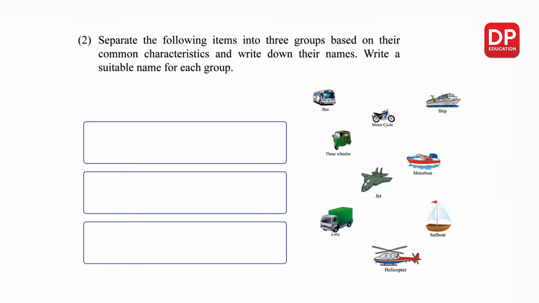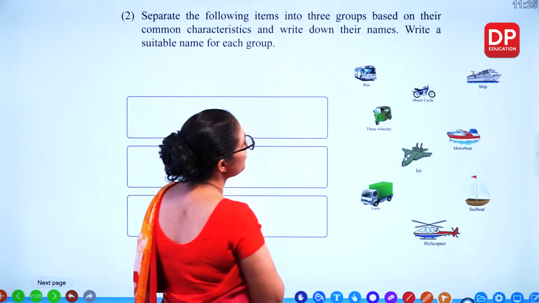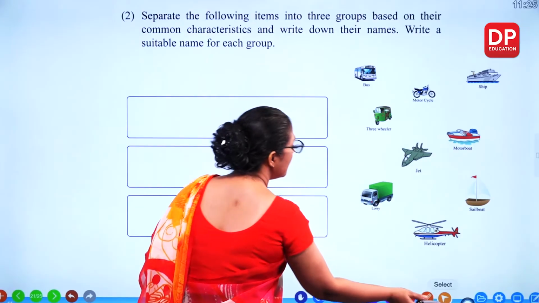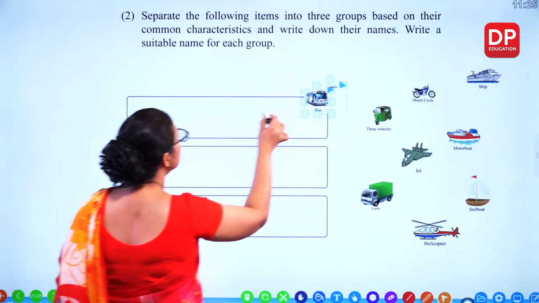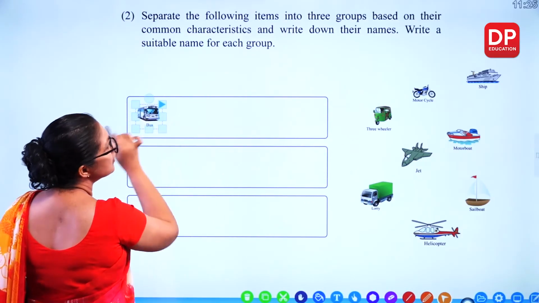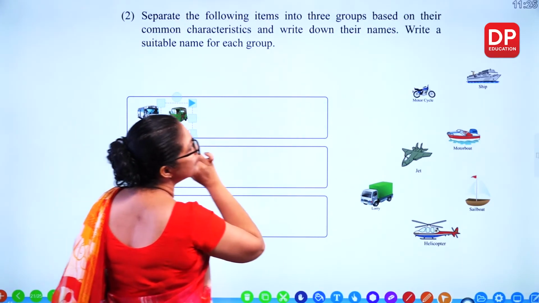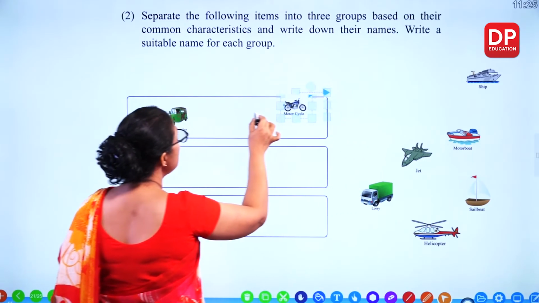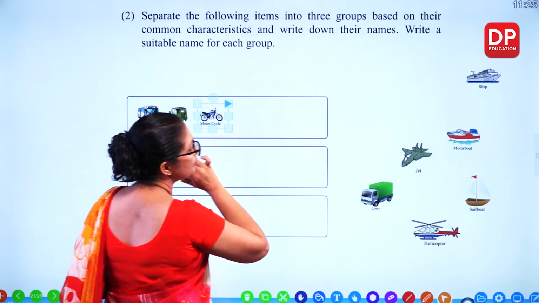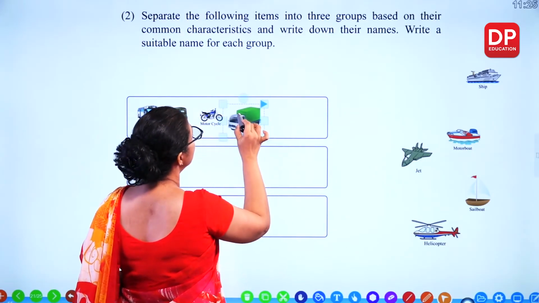Separate the following items into three groups based on their common characteristics and write down their names. Write a suitable name for each group. We'll take bus, three-wheeler, motorcycle, lorry.